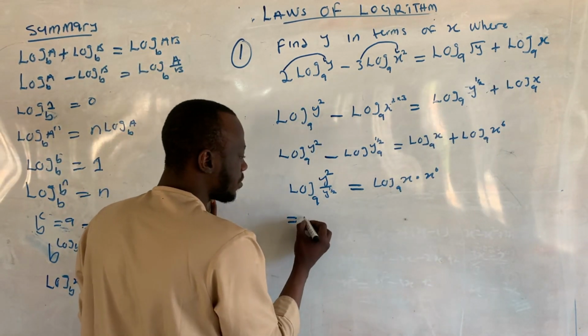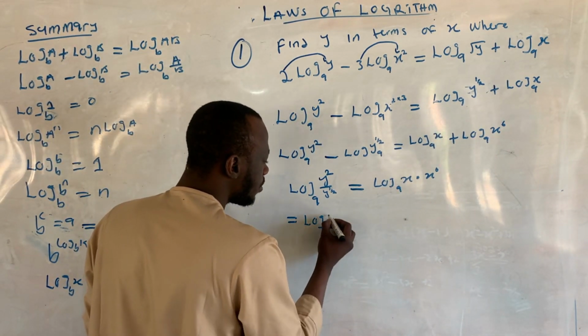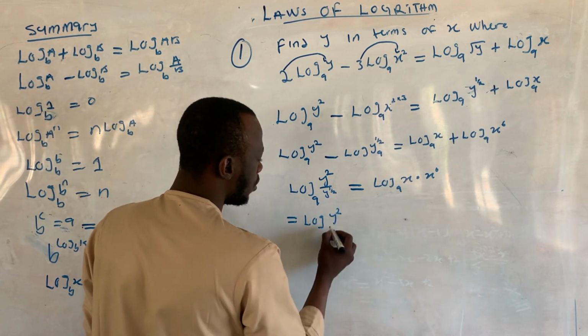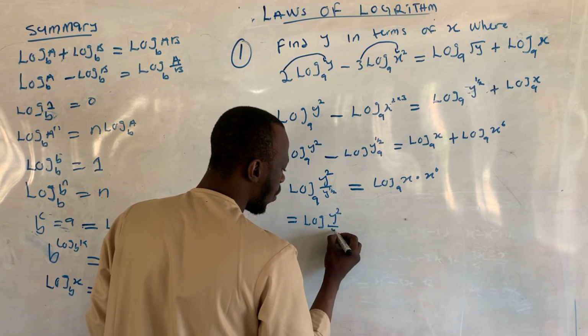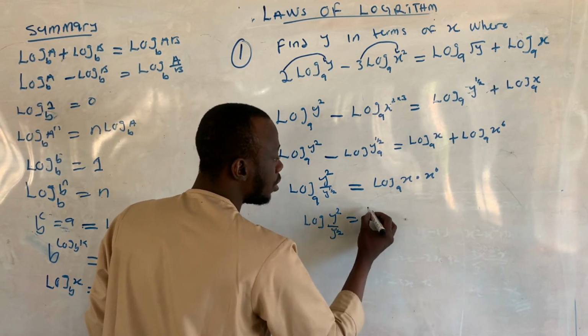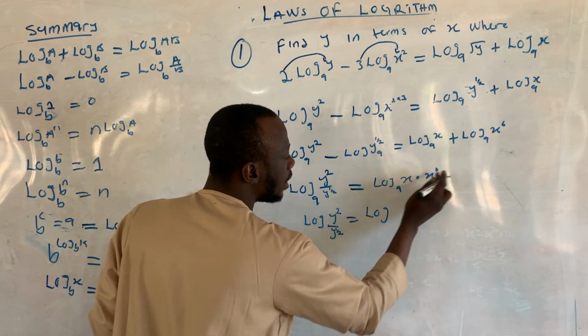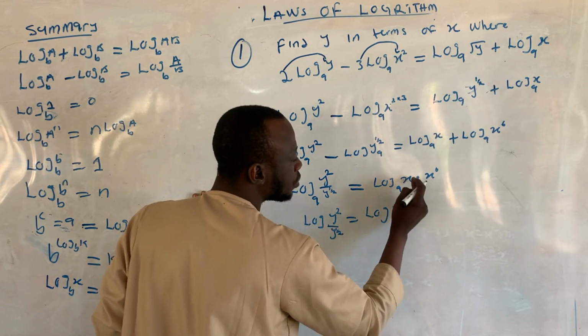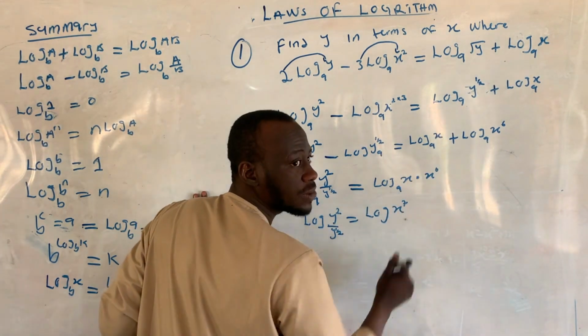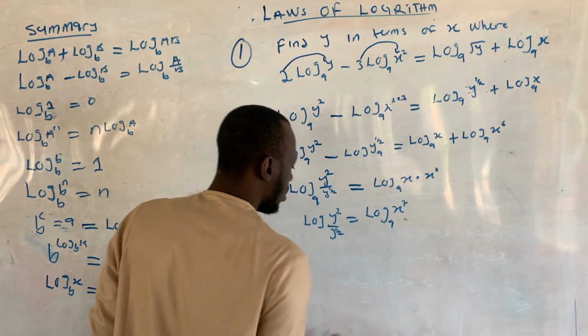This becomes log y squared over y to the power of 1 over 2 equals log x to the power of 7, because 1 plus 6 is 7, or x times x to the power of 6 base a.